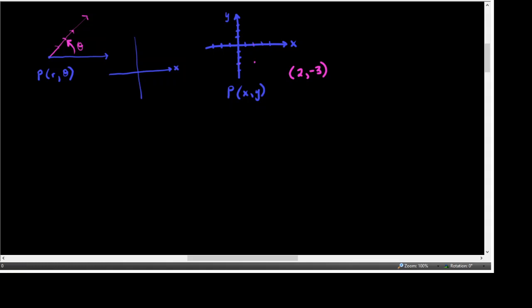we could draw a rectangular grid here and put on the positive x-axis the polar axis. So that was the pole that I put at the origin, and this is the polar axis.